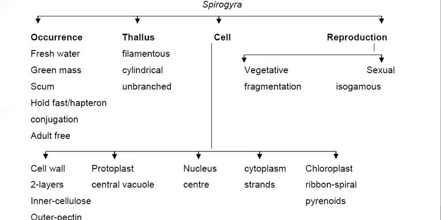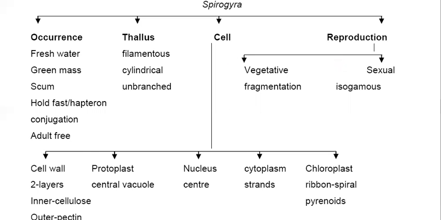The organization of the Spirogyra into different types of structures, the occurrence, thallus, the cell body and reproduction. You can understand by using this diagram easily how the Spirogyra occurred and which type of thallus and which type of cell it has, and then which type of reproduction occurred.